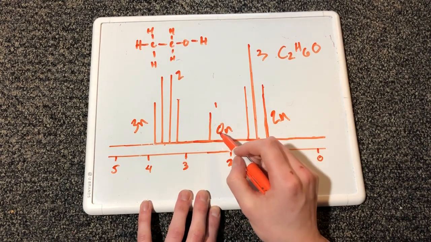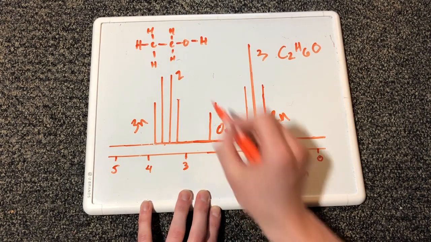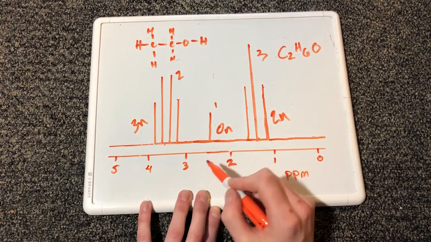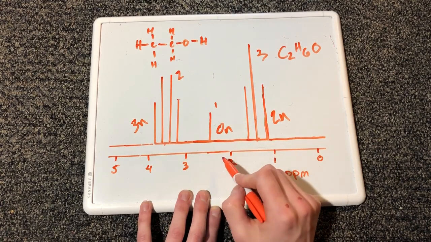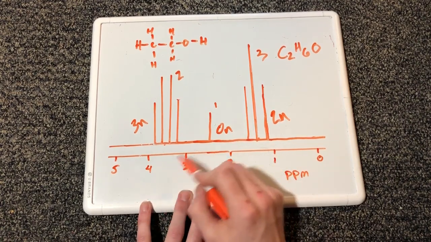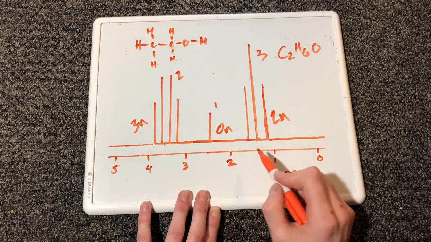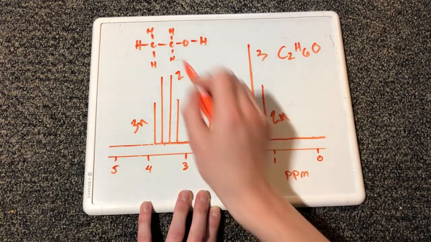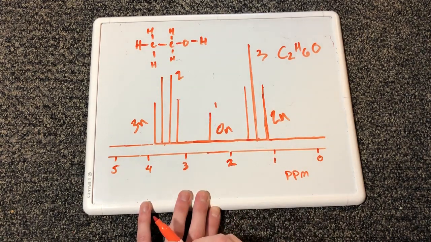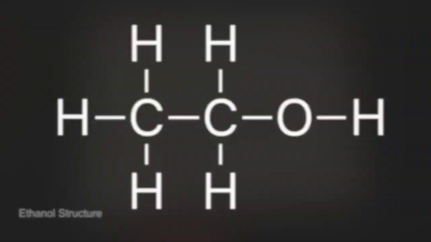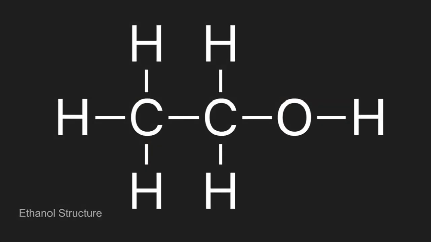And then here we have 1 hydrogen with 0 neighbors right here. And we can also check our chemical shift, because these 2 are the farthest left, and they're both right next to the oxygen, whereas this one is the farthest right, and it is the farthest away from the oxygen. So now we know that we have the correct Lewis structure. So now we know that we have the structure of ethanol and not that of dimethyl ether.